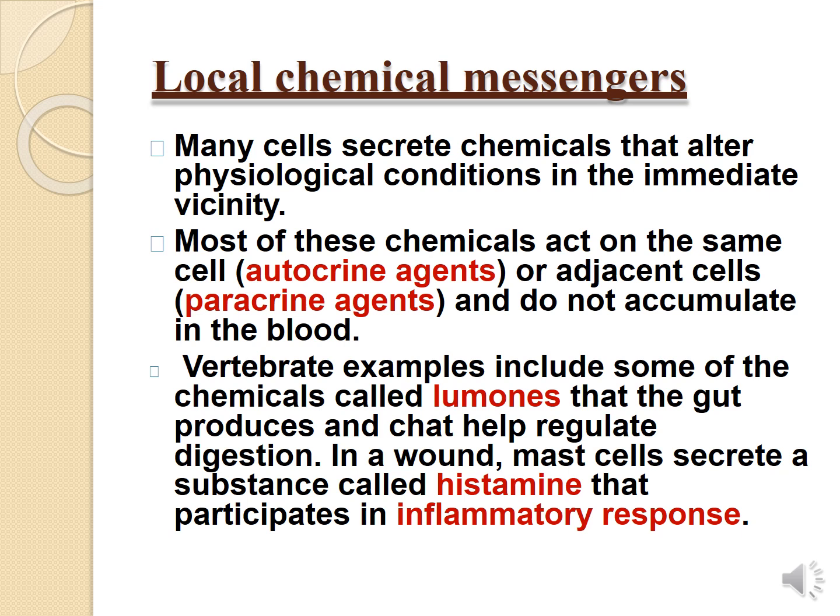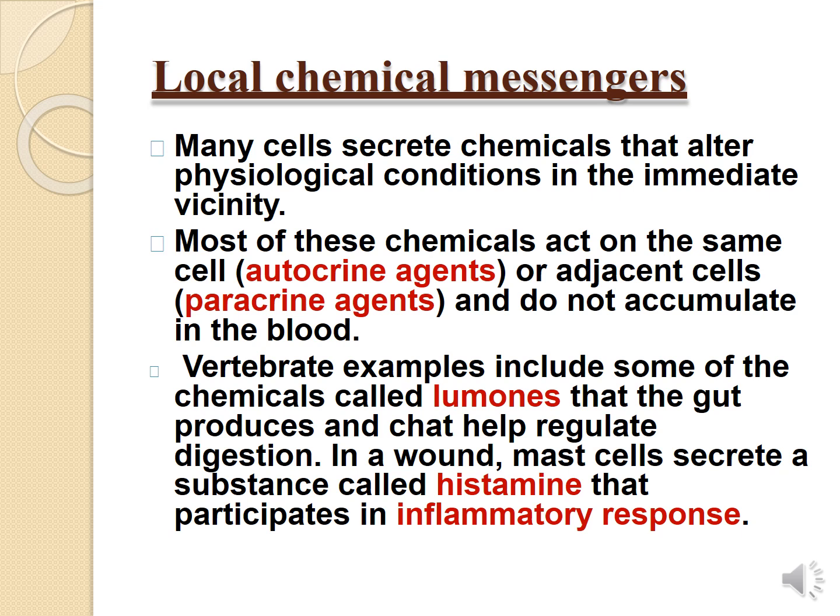Many cells secrete chemicals that alter the physiological conditions in the immediate vicinity. Most of these chemicals act on the same cell. If it acts on the same cell, it is called an autocrine agent. If it acts on the adjacent cells, it is called a paracrine agent, and these do not accumulate in the blood.